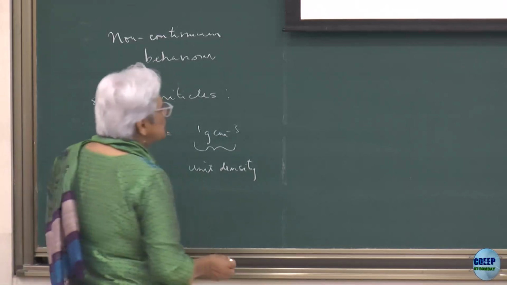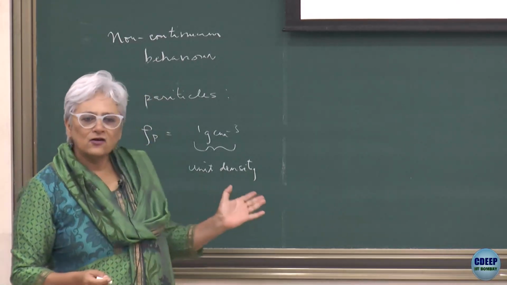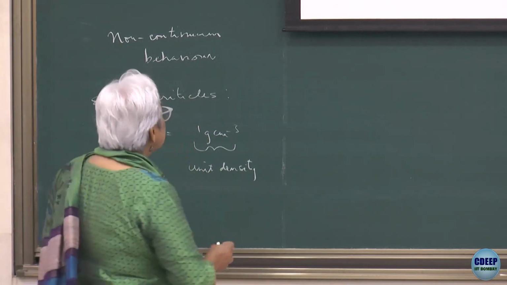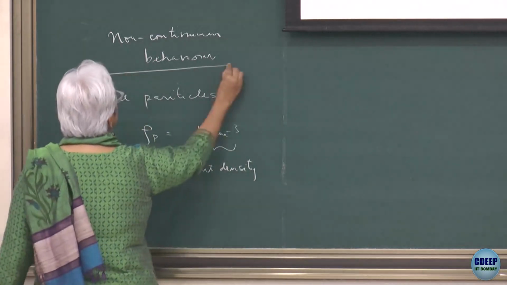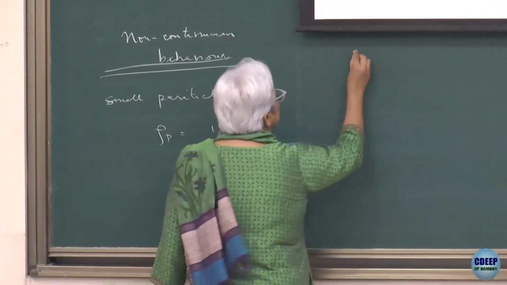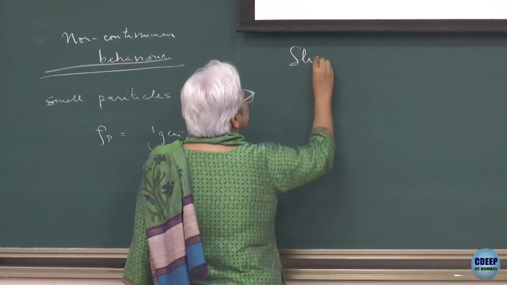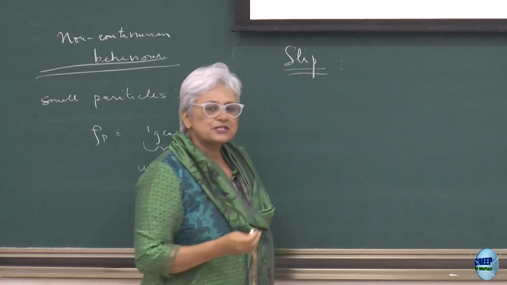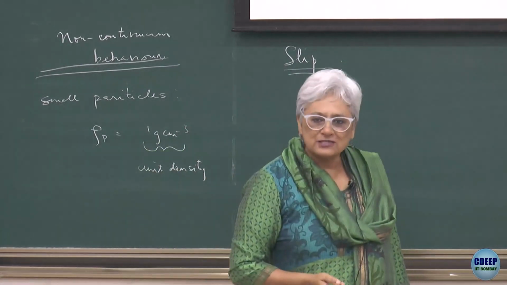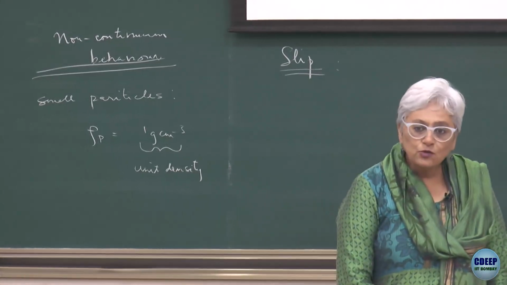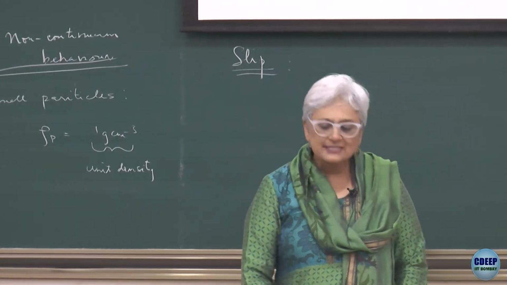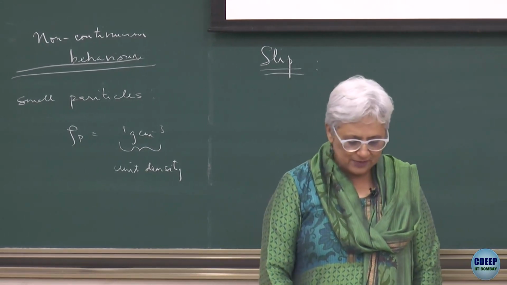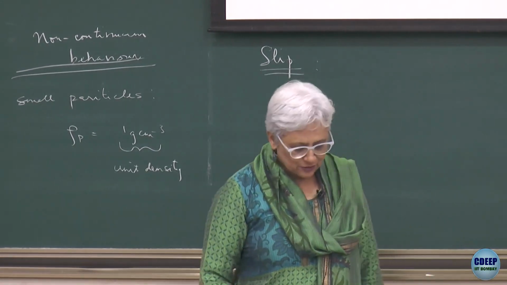So, for small particles of this kind of unit density, half a micron or smaller, they start experiencing slip, and therefore the no slip boundary condition no longer holds. So then how do we account for this slip is the whole story about non-continuum effects.